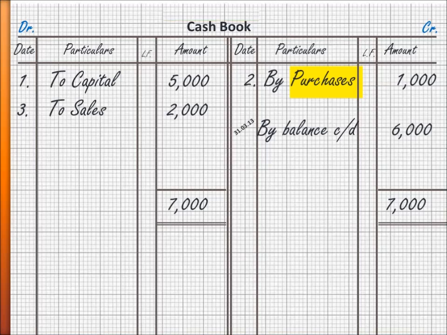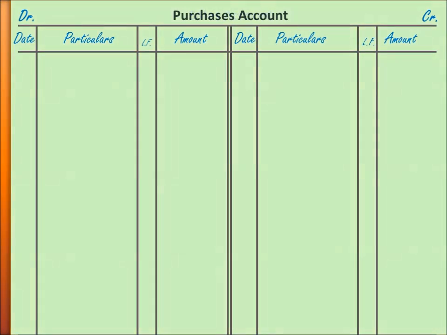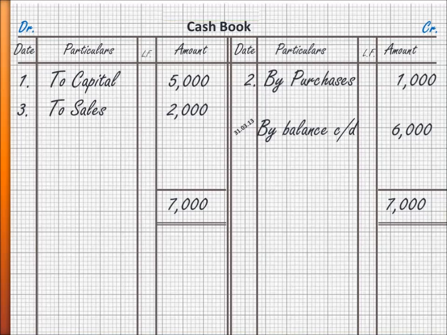These three accounts are involved in the cash book. So open these three accounts, capital account, sales account and purchases account. Now we'll do the ledger posting on the basis of cash book. Previously, we used to do the ledger posting on the basis of journal entry. But now, at this moment, we are going to do ledger posting on the basis of cash book.